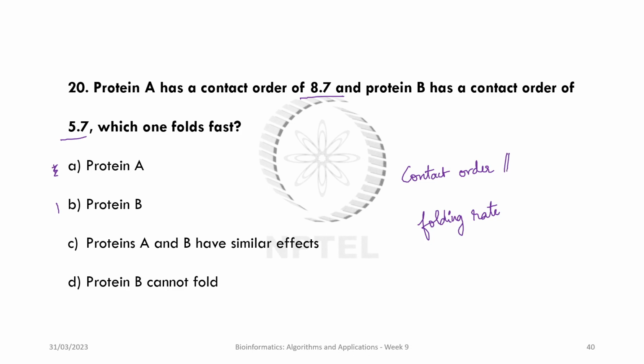So as contact order increases, Nagamani also agrees, folding rate will decrease. Since A has higher contact order, it will be slow and B should be fast.